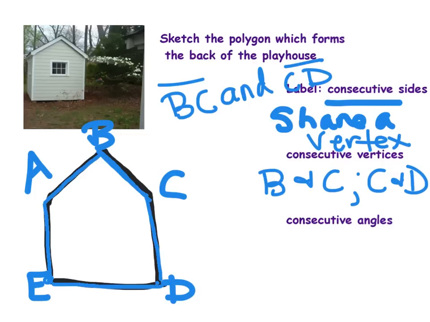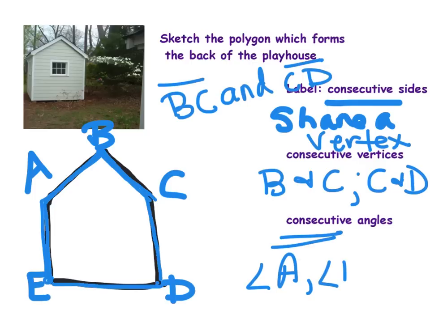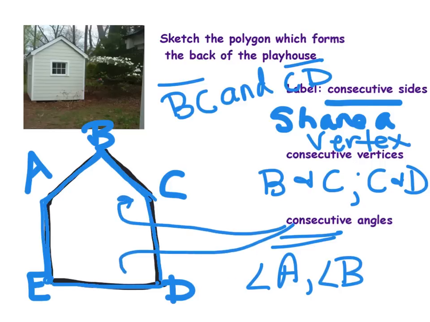Then you have consecutive angles. They are also side by side. So you could have something like angle A. Consecutive to angle A would be angle B. They also share a ray. That's one example. Another pair of consecutive angles would be angle C and angle D. They're side by side.